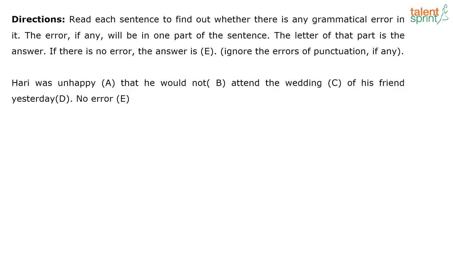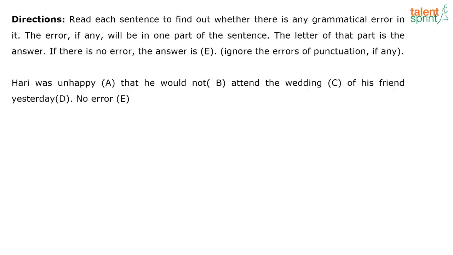So Hari was unhappy that he would not attend the wedding of his friend, and just by me explaining, saying the context is bringing out the meaning of ability, immediately what comes to your mind? The meaning that the context is talking about is ability. So as soon as I say that, the concept that should come to your mind is about modals, right?